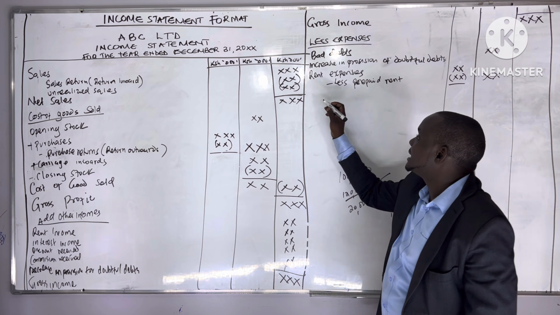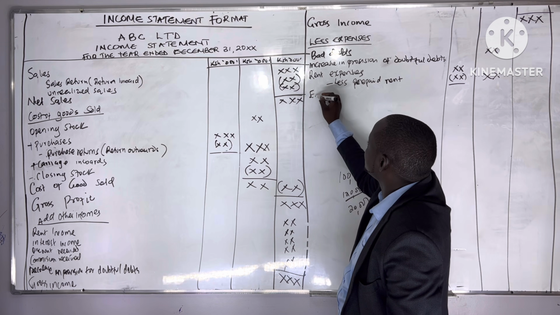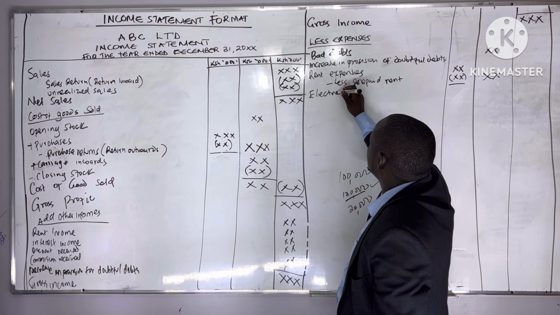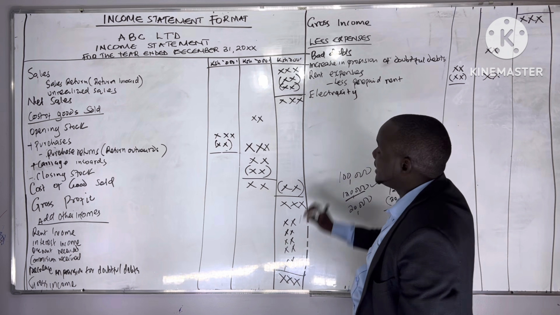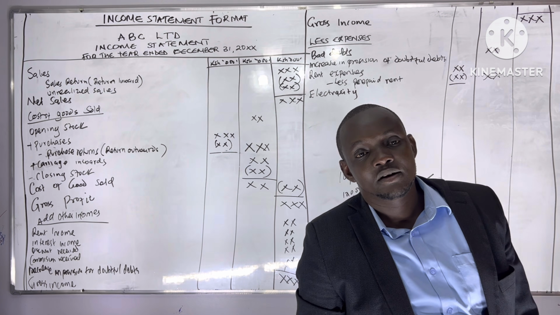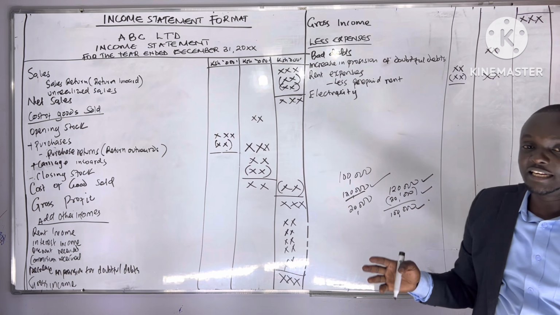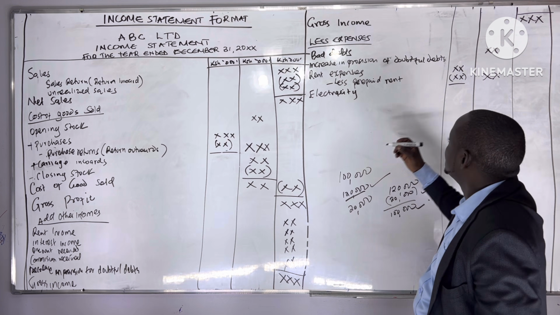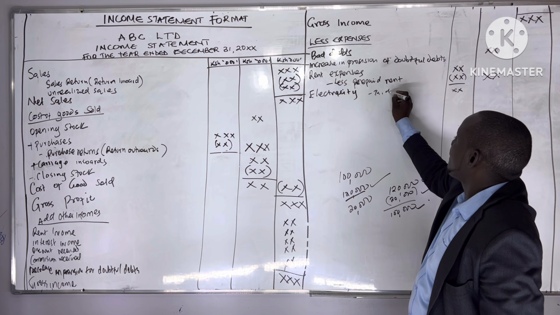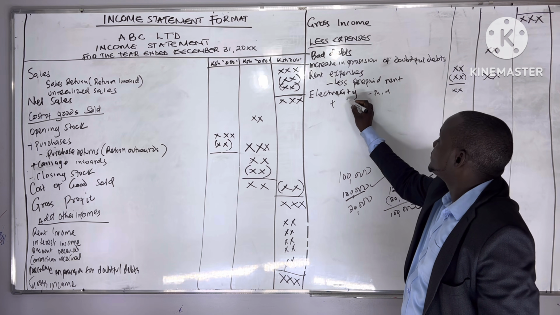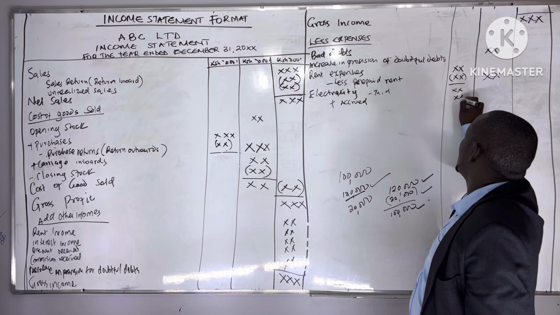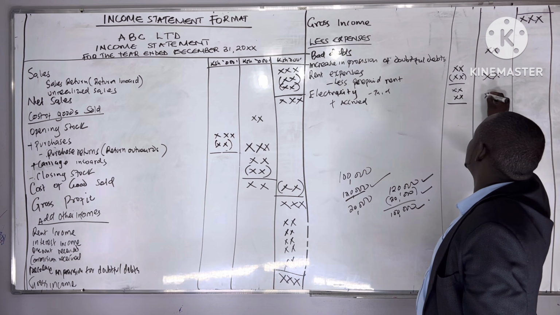We can get electricity, for instance. Electricity is an expense. Sometimes you might find you have paid not entirely, only some part of the bill. So that means this is what you paid. Then you add what is accrued. Accrued expenses are added.